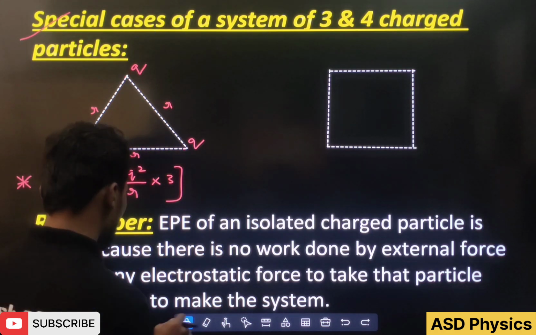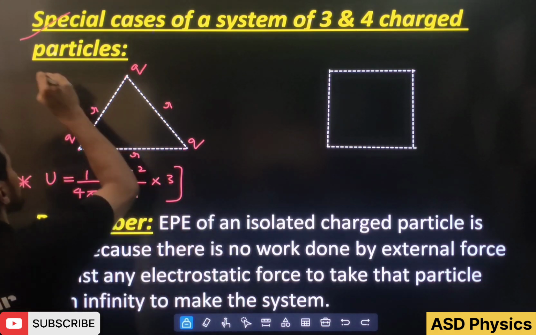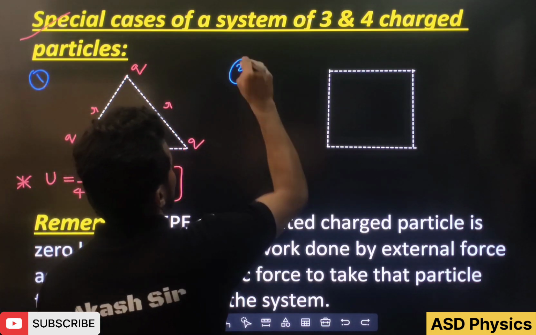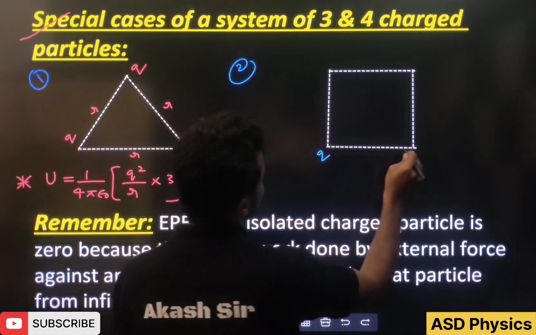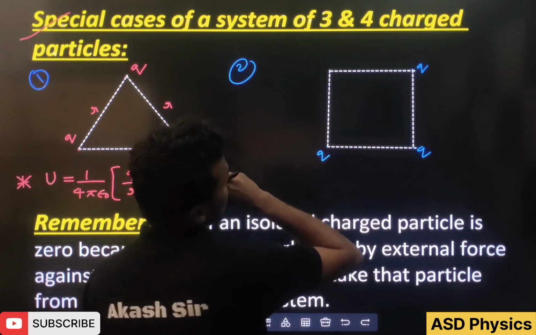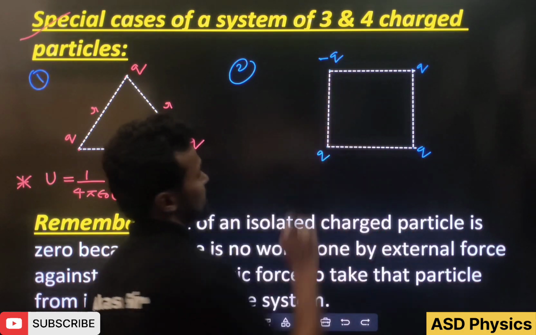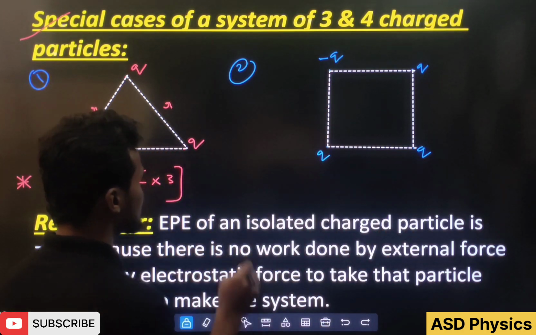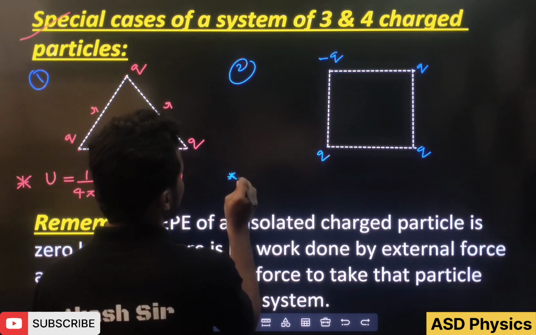Now for the second one, 4 charged particles. Let's take Q here, Q here, Q here, and minus Q here, because minus is also possible. In this situation we have to be very careful.